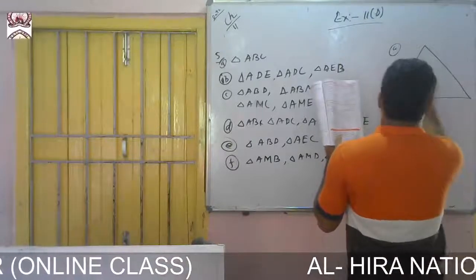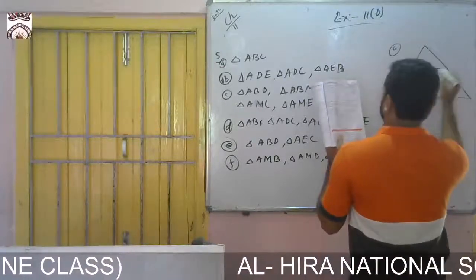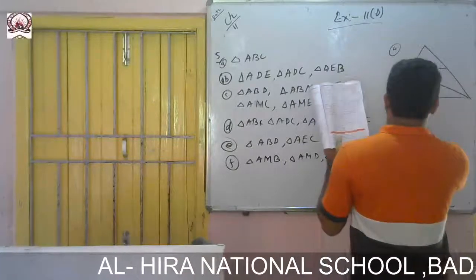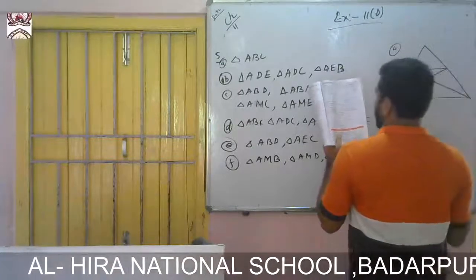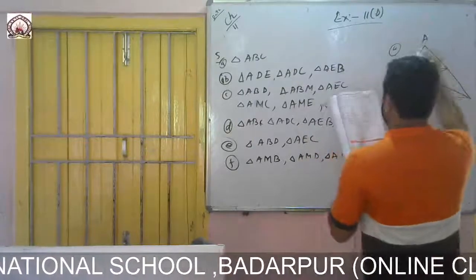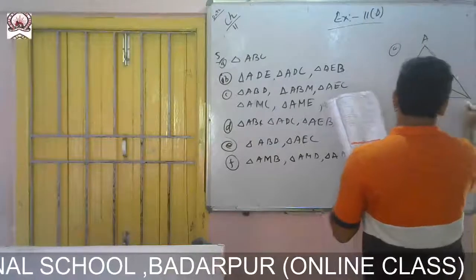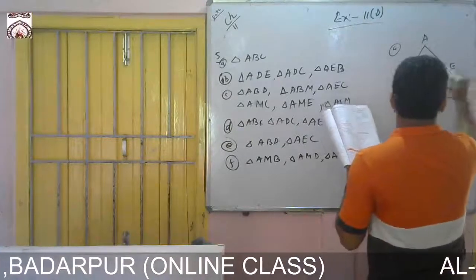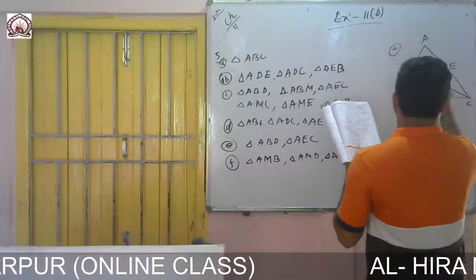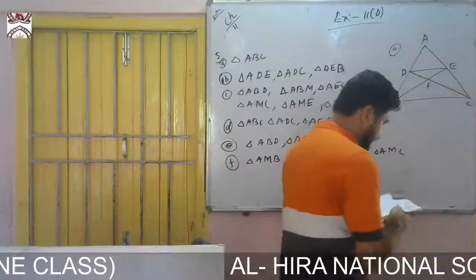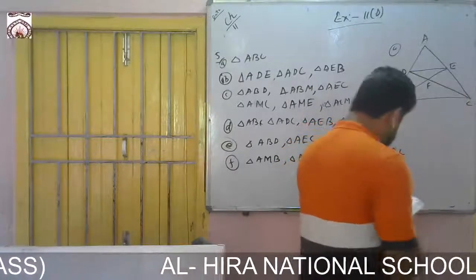Then give like this, from this one to this one, from this one to this one. Now you can name this one A, B, C, first triangle. Then D, E, F.